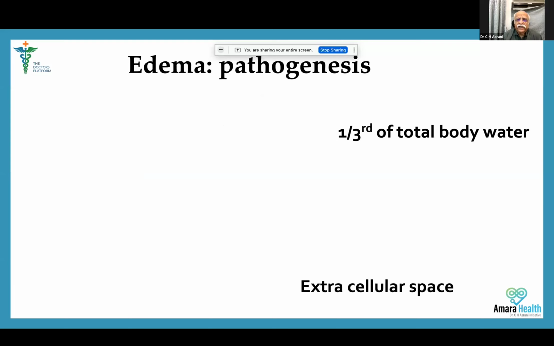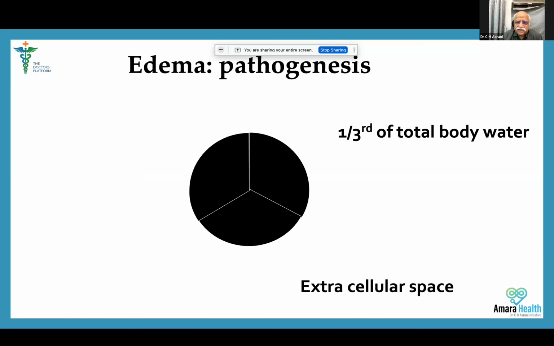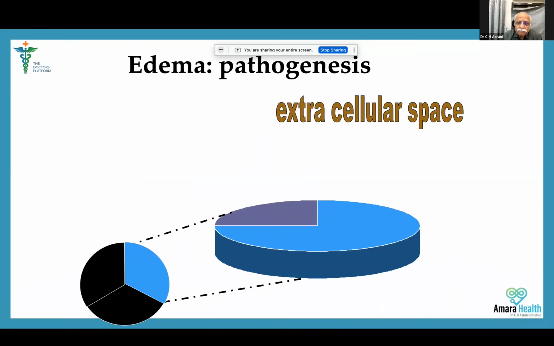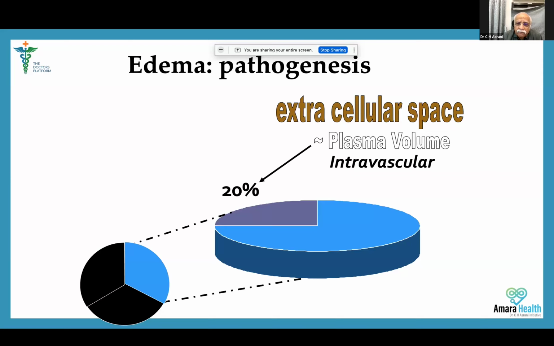Let's understand how edema forms. 1/3 of total body water is in extracellular space. This is the 1/3. In this extracellular space, we have 20% plasma, which is intravascular.